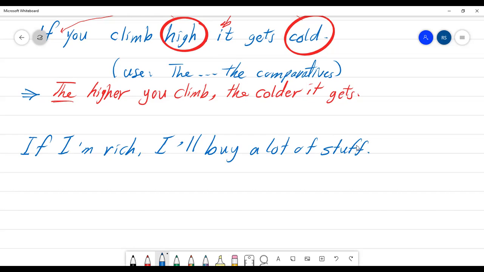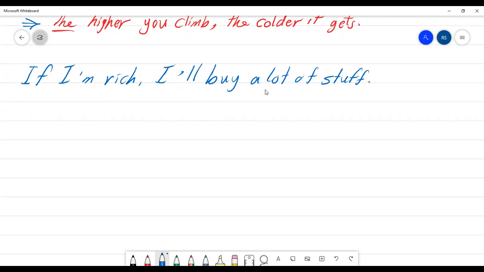Use the. If you can, please raise up your hands. If I am rich, I'll buy a lot of stuff.